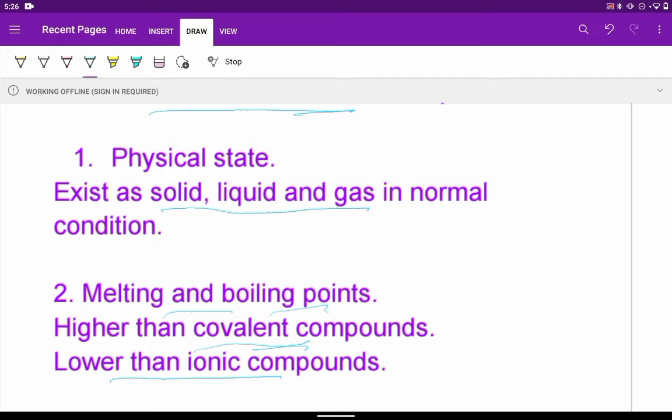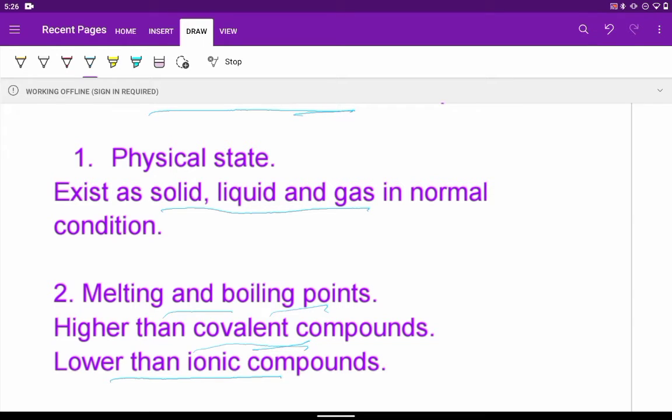ionic compounds. In ionic compounds, there will be an electrostatic force of attraction between the ions, which are formed by donating electron and by gaining electron. The atom which donates the electron forms a cation like sodium, potassium, and the atom which gains the electron like chlorine, they form an anion like chloride.